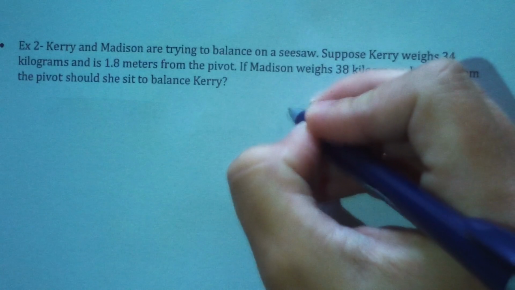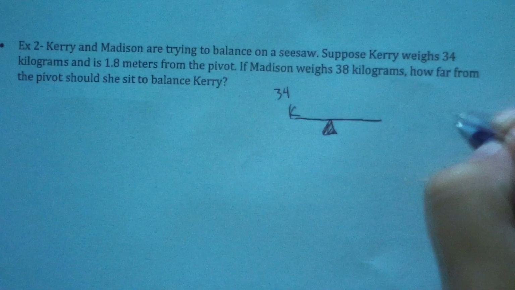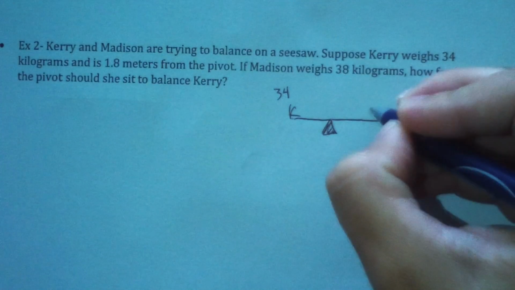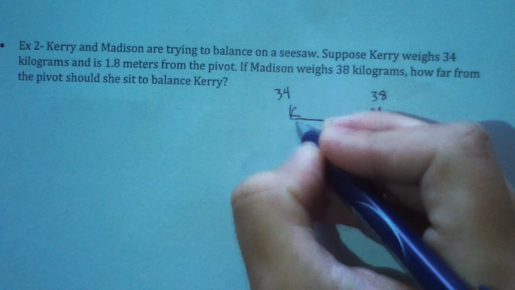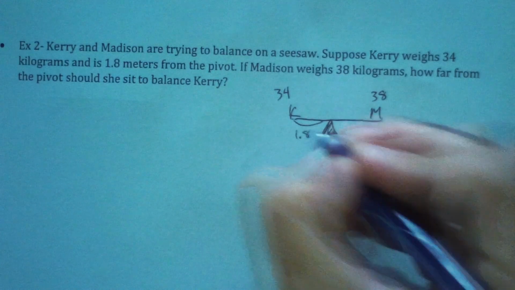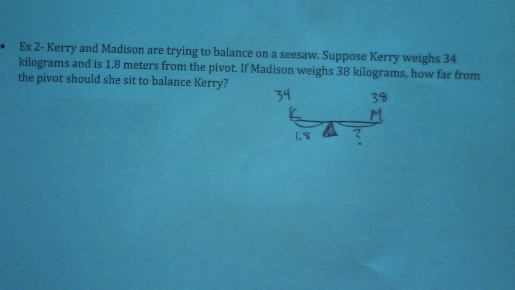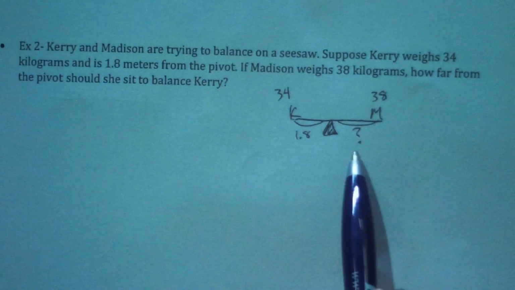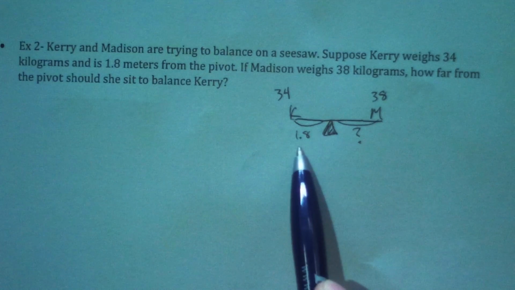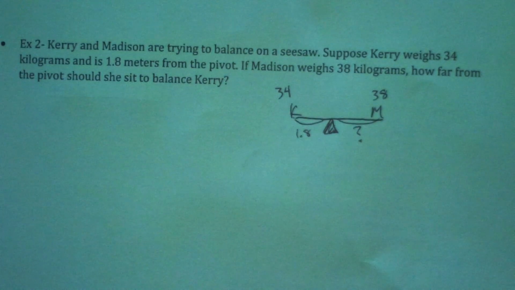So that formula from the previous page was distance equals our constant of variation K over the weight. So what we can do here is take Carrie's information, weighing 34 and 1.8 meters. We can put that in there as our two pieces of information that we know, and then we can figure out Madison's distance based on her weight.